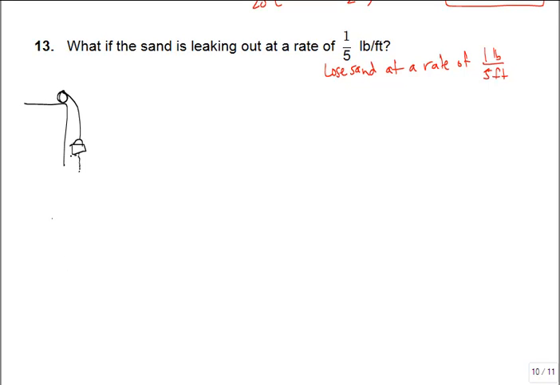Okay, so we're going to assume again that we have X amount of chain already wound up, which means in this 100-foot-long chain, I still have 100 minus X feet of chain hanging down.